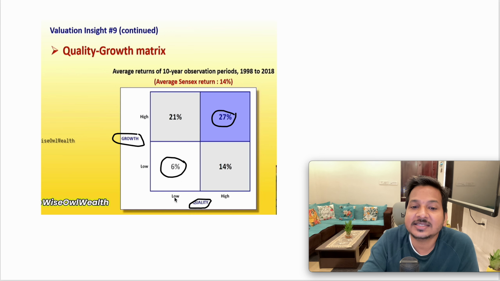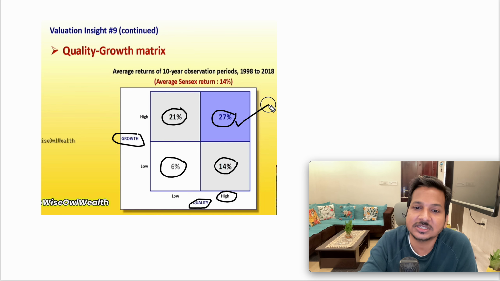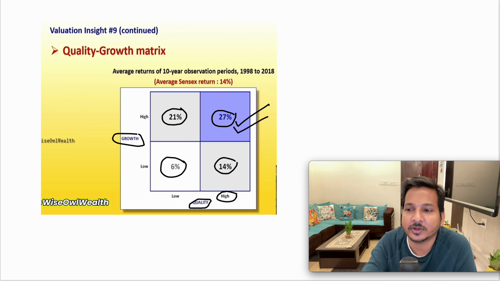If ROE is lesser and growth is more, that has given around 21% return. And if ROE is high and growth is lower, then it has given 14%, similar to Sensex return. So this is the quadrant you should look for. This is high return: high growth and high ROE.